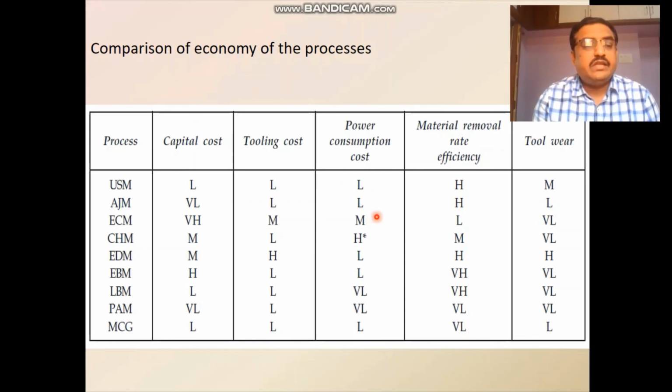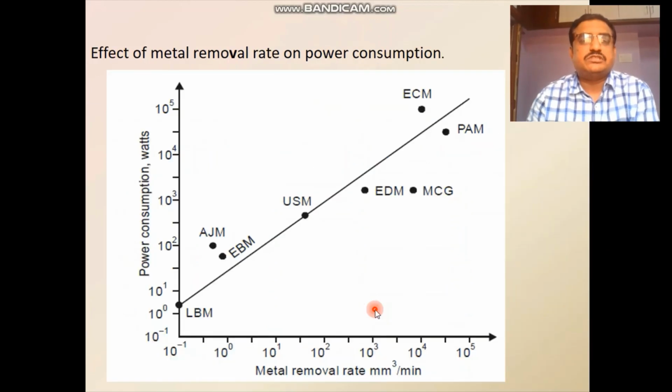Metal removal rate we have seen. Tool wear is medium in USM, low in abrasive jet machining, very low in electrochemical machining, high in electric discharge machining, and very low in laser beam machining. So with these parameters, you can compare the economy of the machining processes.